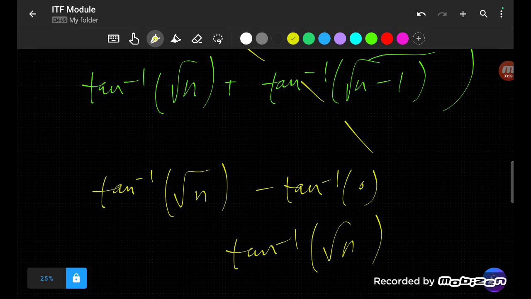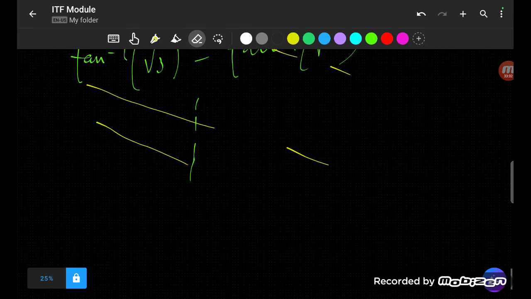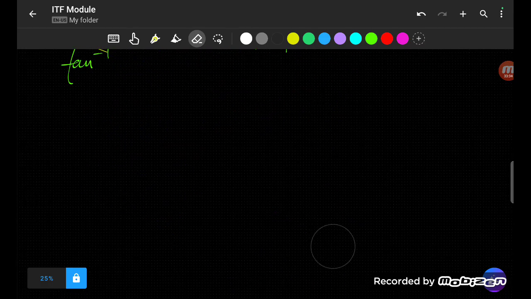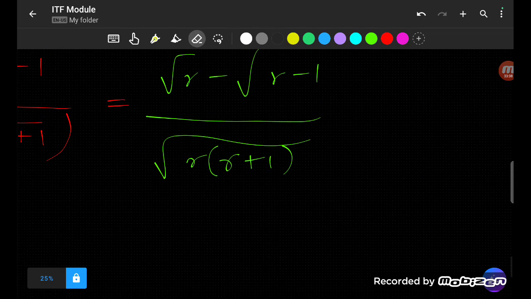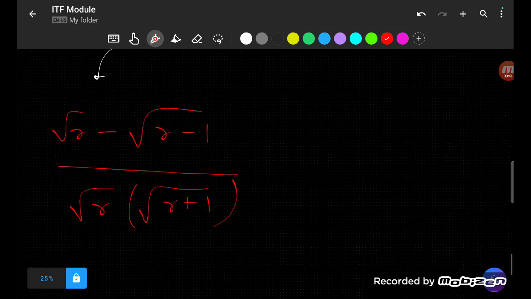How did they turn this into tan inverse of root r minus 1 upon 1 minus root r minus 1, 1 plus root r minus 1? So that's what we have to figure out here. The telescopic we're getting here is weird, but it's something.